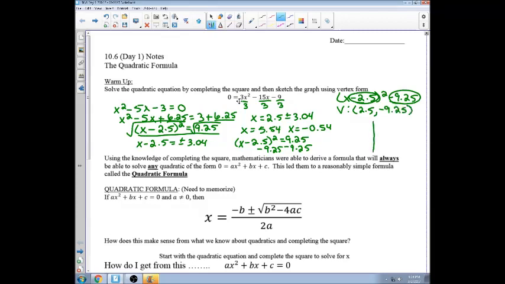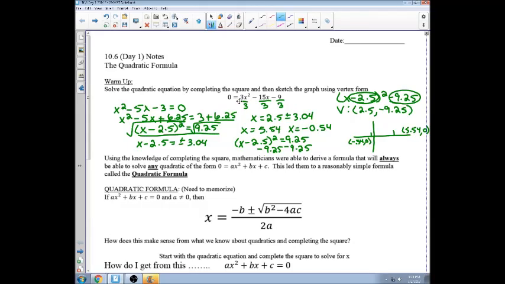Now I need to go ahead and plot this point, or these points. So the 5.54 will be somewhere in there, so we want to make this 5.54 comma 0. The negative 0.54 would be somewhere really close to the 0. So this would be negative 0.54 comma 0.